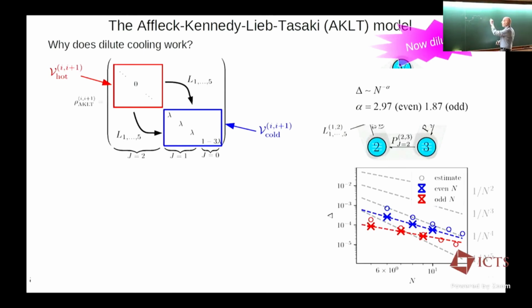If I have this chain, or if I have this chain, the number of spoiling events will be different because this one will spoil both this one and this one. This one will spoil only one. So it's sort of a boundary condition effect.